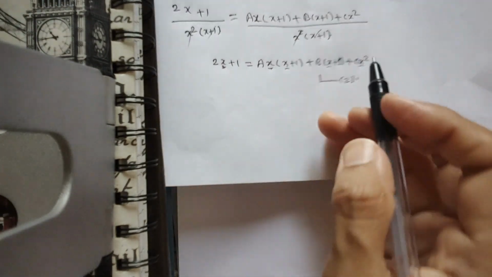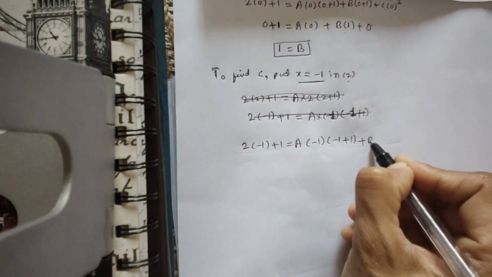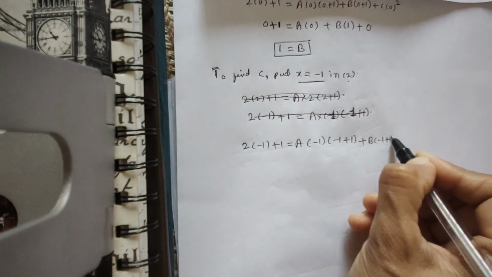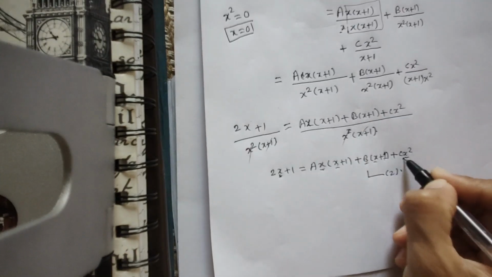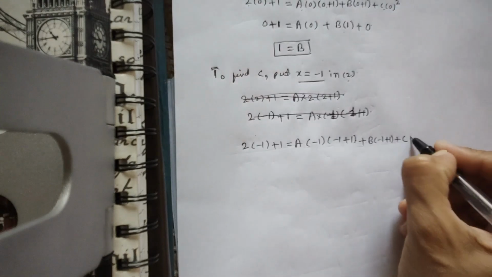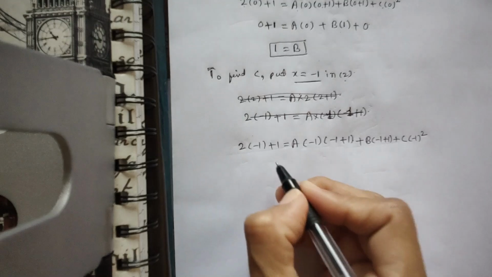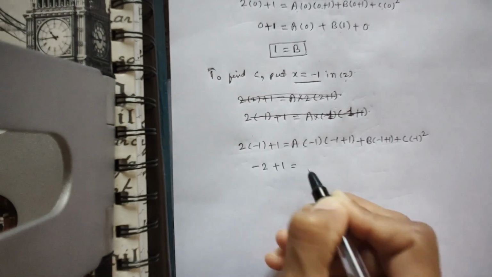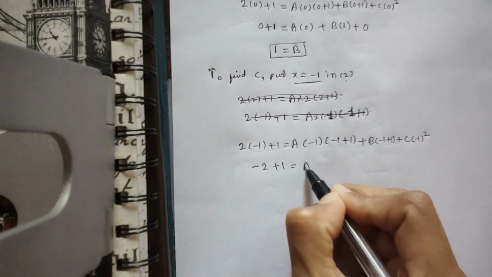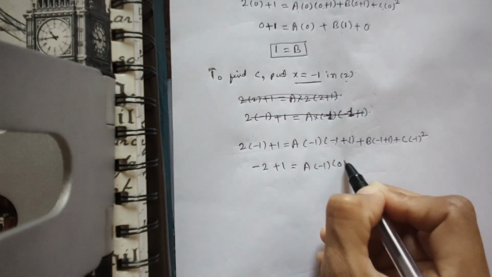This is my equation 2. Remember it. b into minus 1 plus 1, plus c into minus 1 square. Now, minus 2 plus 1 equal to a into minus 1 into 1 minus 1 plus 1, which is 0.